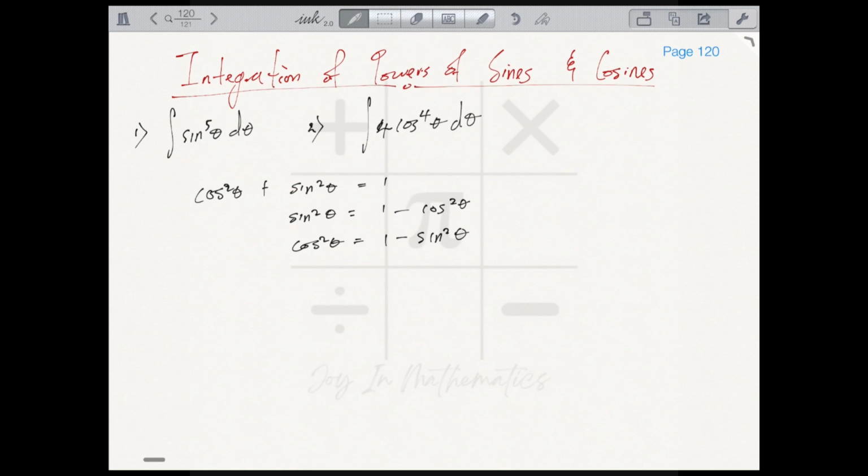Now, in the same vein, we can have another expression for cos squared theta. So we can also say that cos squared theta is equal to 1 over 2 into 1 plus cos 2 theta, and sine squared theta is equal to 1 over 2 into 1 minus cos 2 theta.